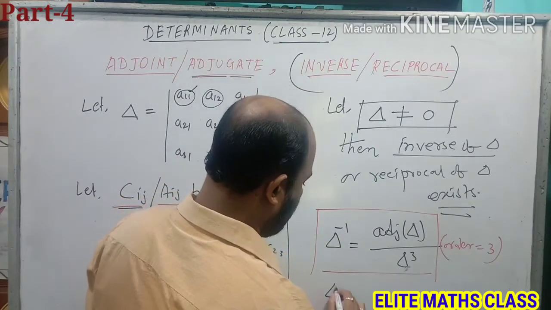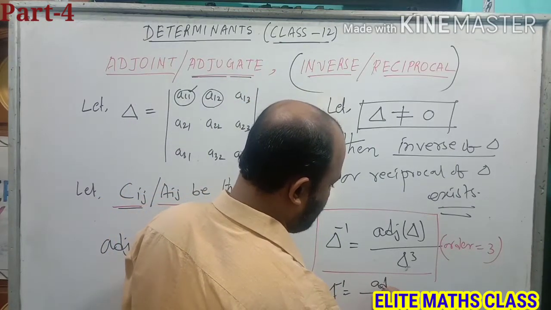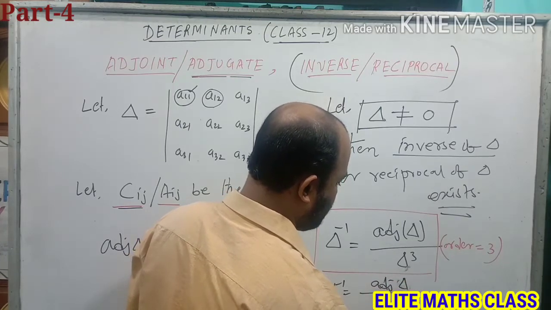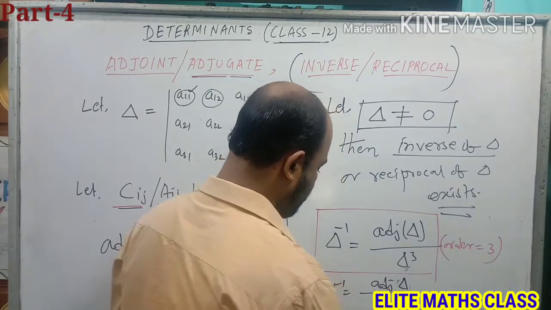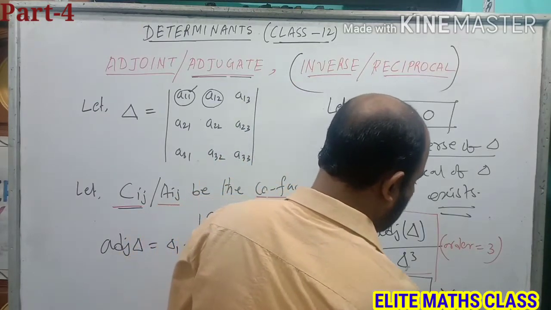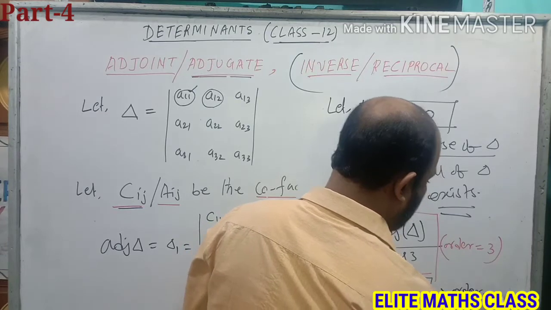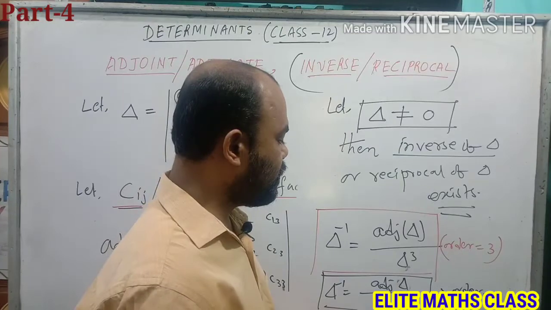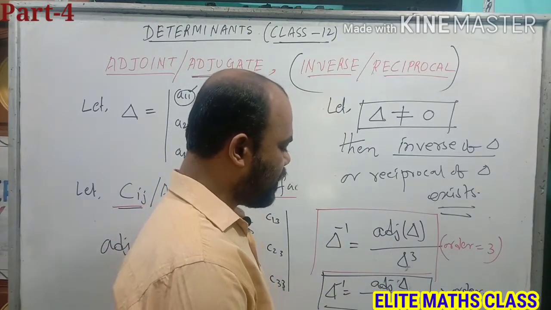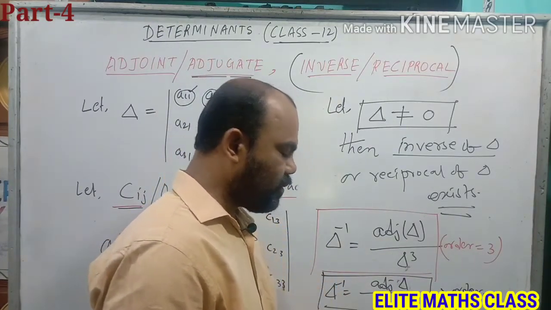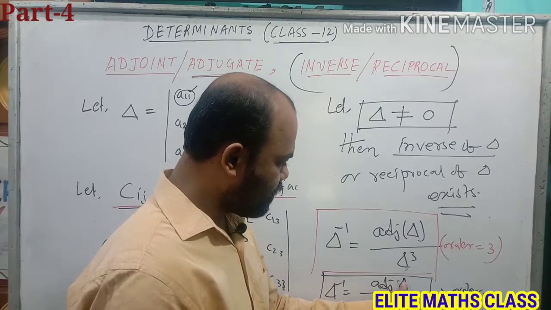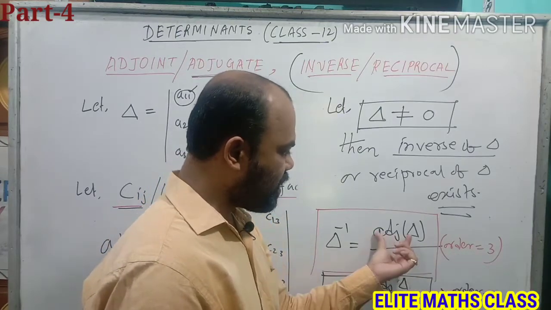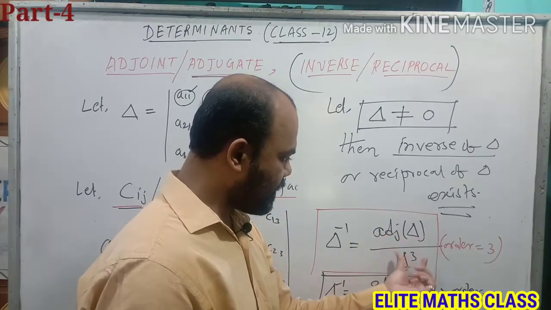Del inverse equal to adjoint of del by del square will be for a determinant of order 2. So this is the definition of inverse or reciprocal of a determinant of order 2. The definition is the same, but whenever it is order 2, we divide adjoint of del by del square, and when it is of order 3, we divide adjoint of del by del cube.